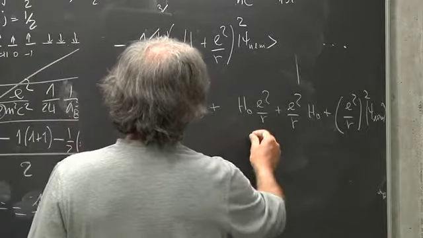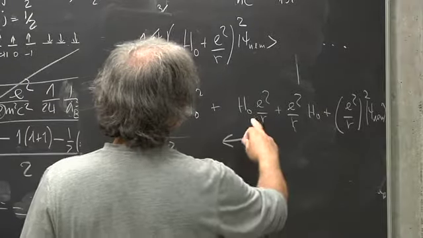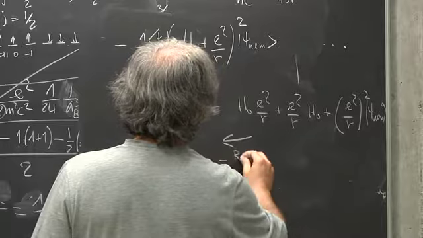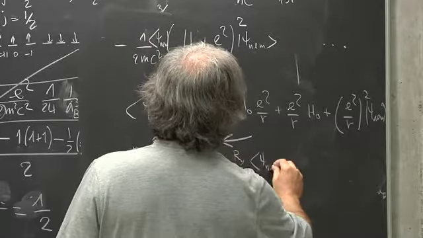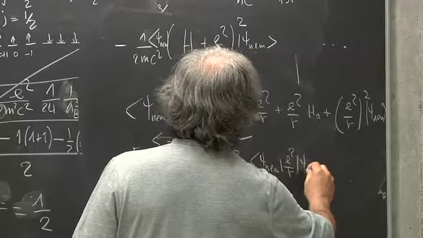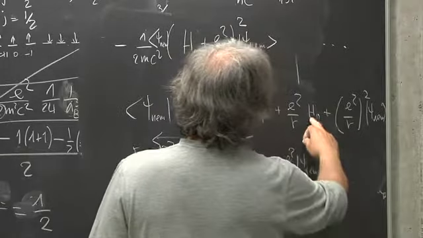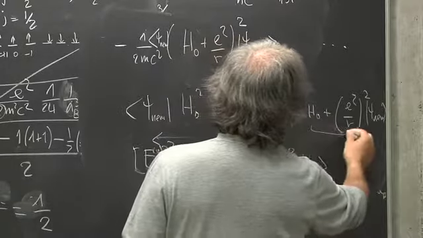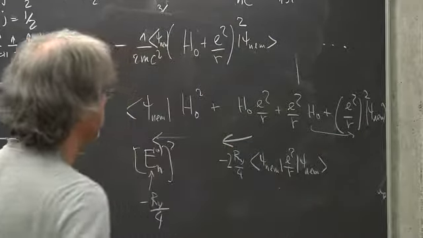This will give me the same object, so minus a Rydberg over 4 times the matrix element of e squared over r. This object will give me exactly the same contribution by now acting on the right. Okay, so I have twice that.